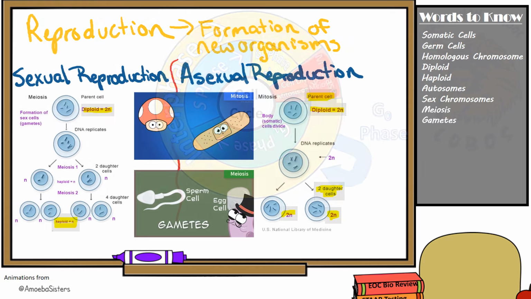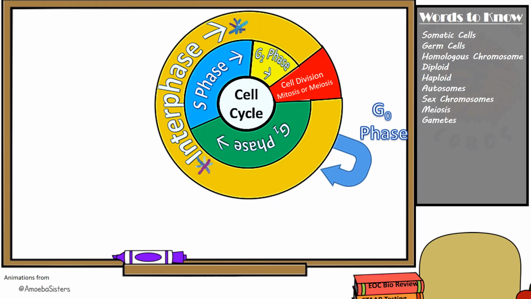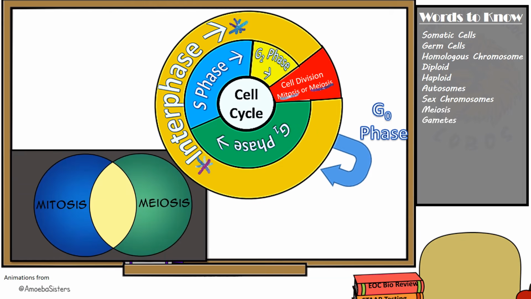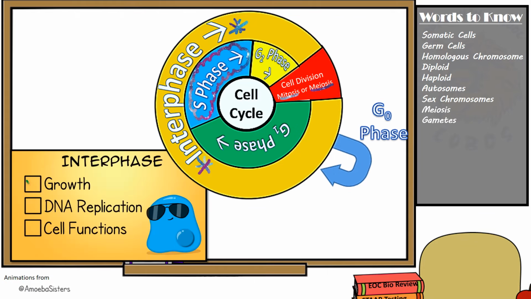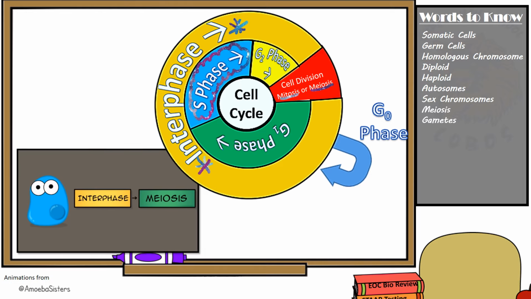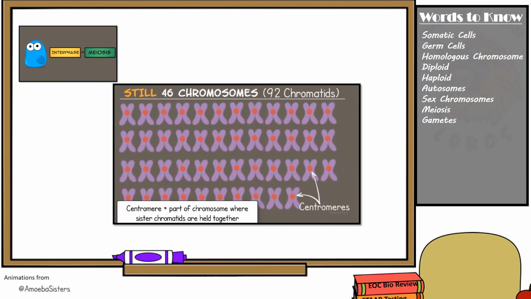For instance, cells must undergo interphase in both processes, whether the cell will undergo mitosis or meiosis. Thus, the first stage in both mitosis and meiosis is interphase, which is where the cell grows, DNA is replicated, and then the cell prepares for cell division. Remember that at the end of interphase, DNA has been replicated, meaning all 46 chromosomes have been duplicated.